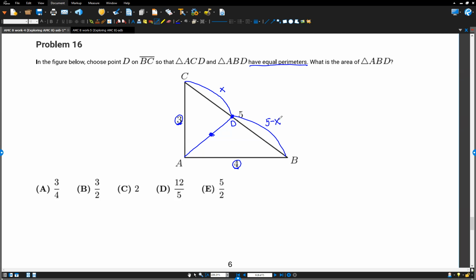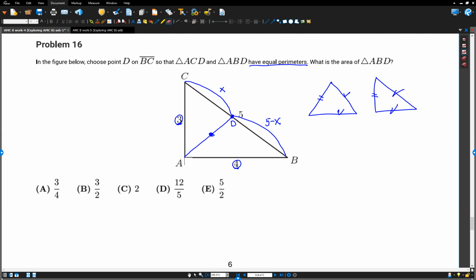No. All right, Victoria, it's okay? Because this is the same length, for equal perimeter, the sum of these two sides equals the sum of the other two sides.